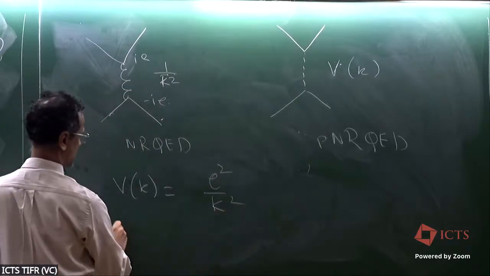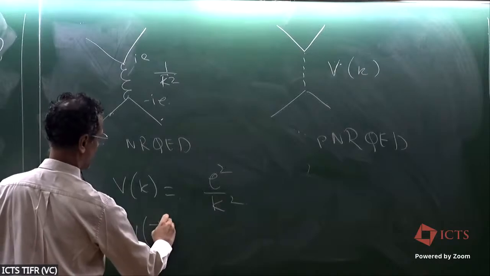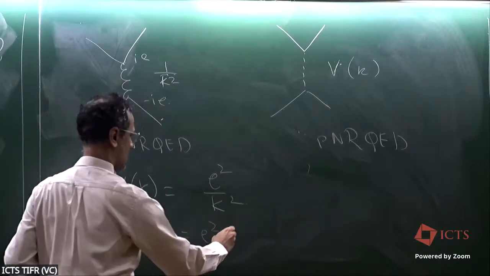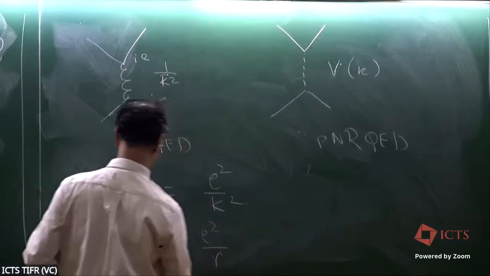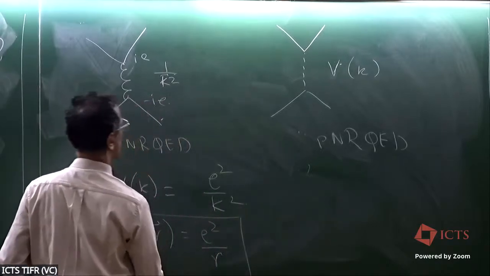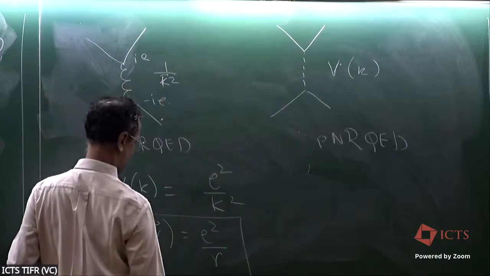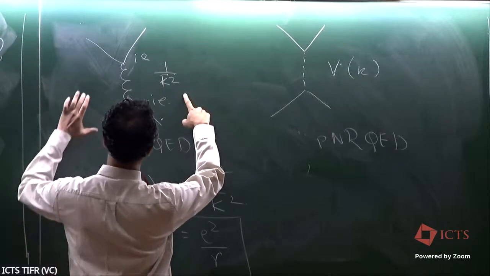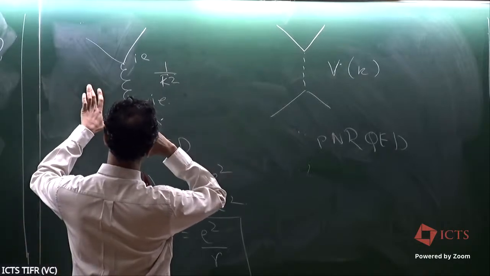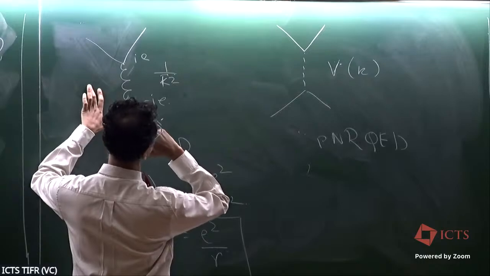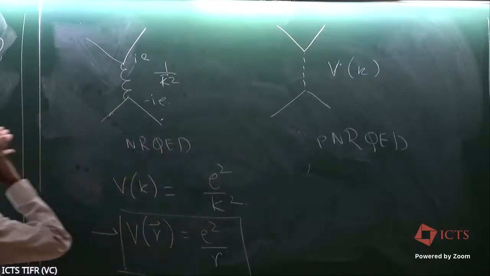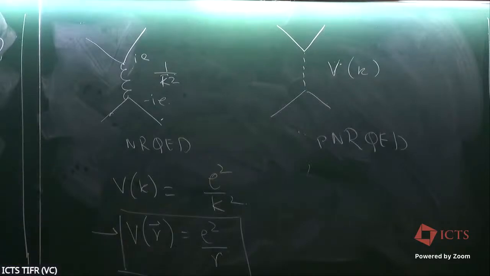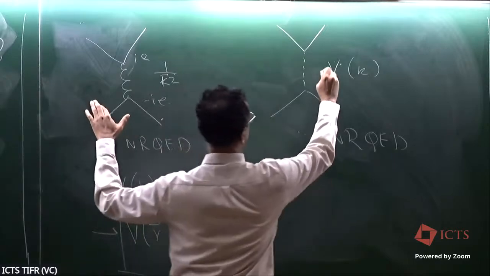Or if I write this in position space, V of R is E squared by R. There's a minus sign missing here. Okay, I'll tell you why.